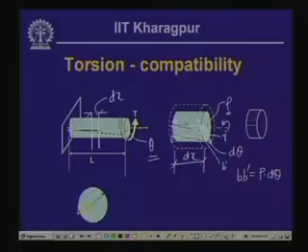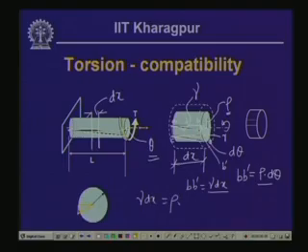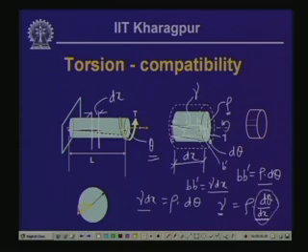So, if this is the strain angle gamma, and this distance being dx, the distance BB dashed can be written as gamma times dx. If we equate these two, gamma dx equals rho d theta, then we can write gamma as equal to rho times d theta by dx. So, this is the shearing strain written in terms of the rotation, and d theta by dx we call the rotation per unit length.